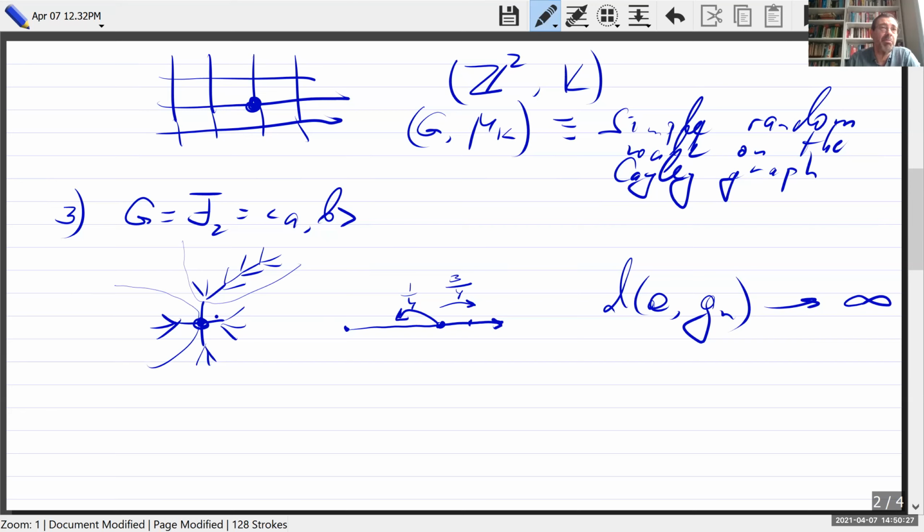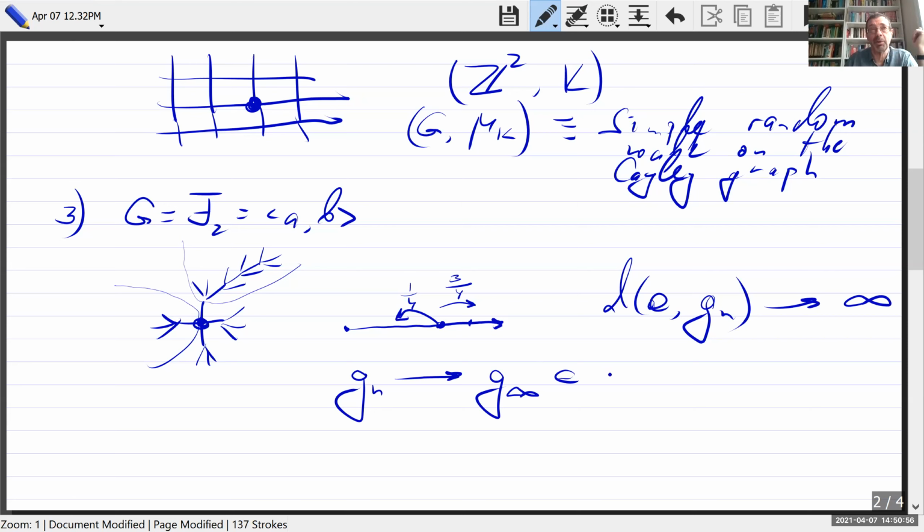And therefore, it means that our random walk exhibits non-trivial behavior at infinity. We have, for almost every sample path Gn, a limit point G infinity, which belongs to the boundary of these free groups. So there are many ways to define boundary in this situation.